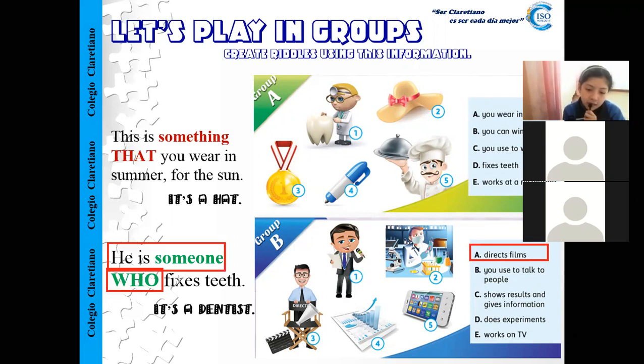Now, who? This information. Direct. Okay. ¿Cuál, teacher? ¿La A? Yes, A, but after this, no? Don't use this. Use direct films. Okay? He is someone who directed films.